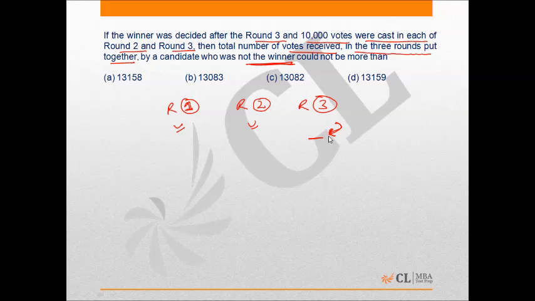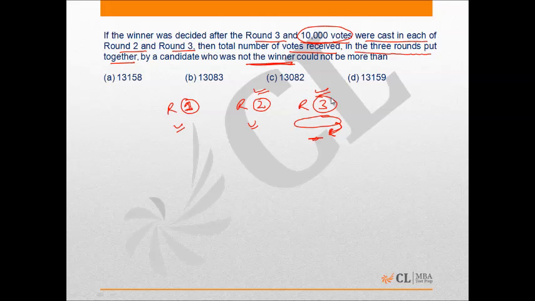That particular candidate will get the second highest number in round 3, as he is not the overall winner. Now I know that 10,000 votes were polled in rounds 2 and 3 respectively.